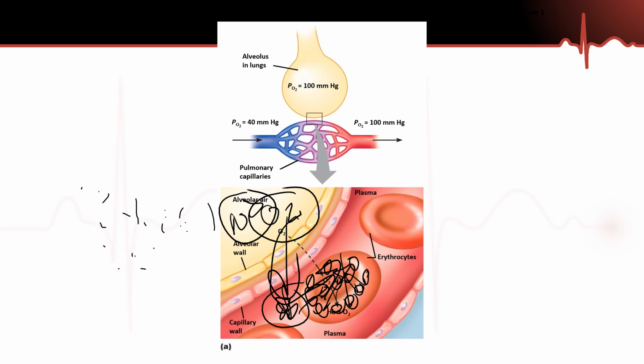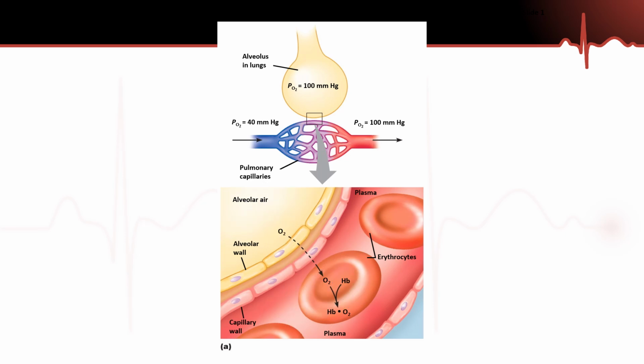The vast majority of those 250 million oxygen molecules that this red blood cell gains is coming from the air in the alveoli. That oxygen, though, has to first get from the air in the alveoli into the plasma, and then into the intracellular fluid, and then it binds to the hemoglobin molecules within the red blood cells.